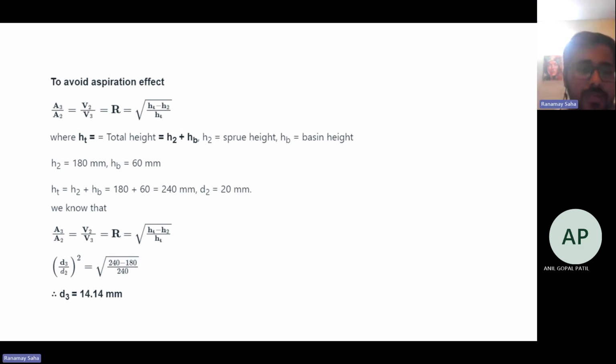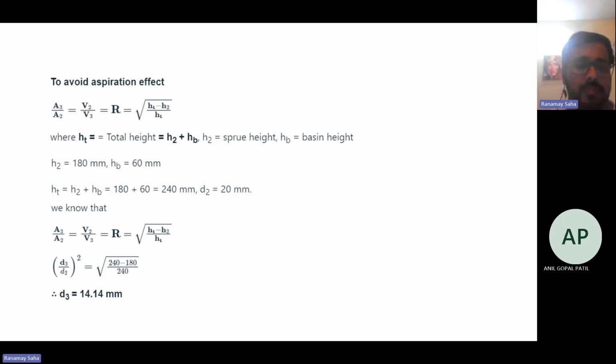There comes a gap between the metal and the wall of the sprue. That gap attracts some air bubbles, which leads to defects because of this process, which is called the aspiration process.